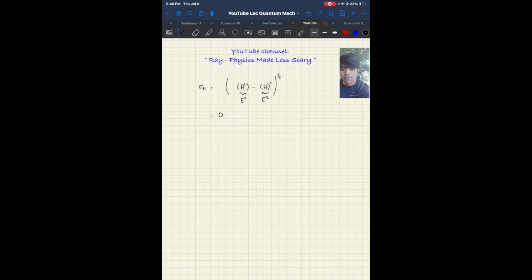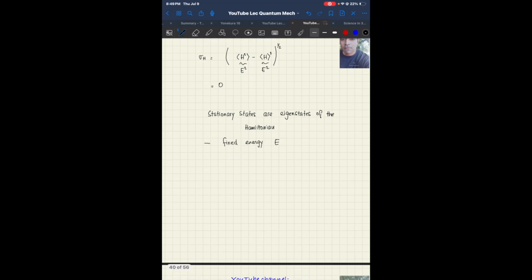So this tells you that stationary states are eigenstates of the Hamiltonian, and they have fixed energy, E here in this particular case.